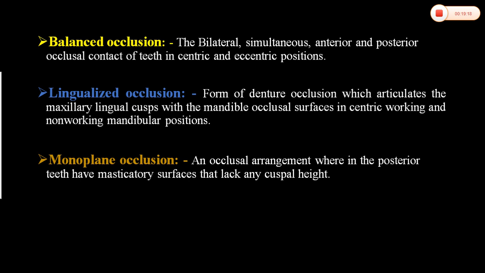Lingualized occlusion: the form of denture occlusion which articulates the maxillary lingual cusp with the mandibular occlusal surface in centric, working and non-working mandibular positions. See here, in lingualized occlusion, the height of the maxillary buccal cusp will be minimized to reduce the lateral interferences.